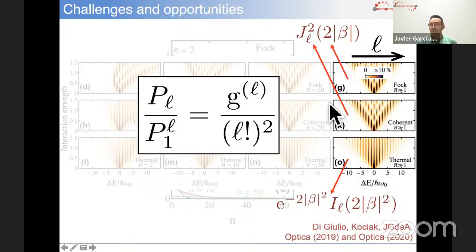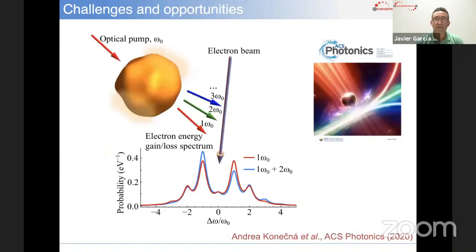And in fact, you just relate the intensity of the different sidebands corresponding to different net numbers of exchanged photons. These ratios between them correlate with the autocorrelation function of order L of the illuminating light. Okay. This is actually an experiment that has been recently published in the archive, so this is now being corroborated.